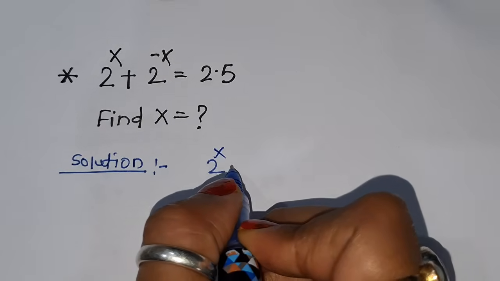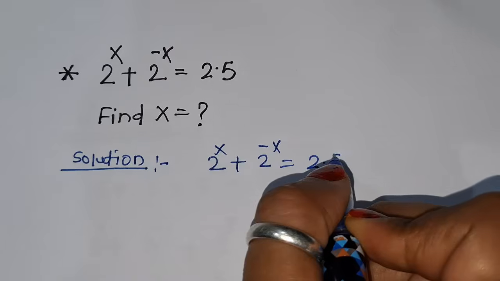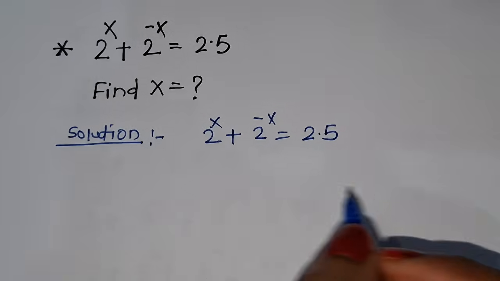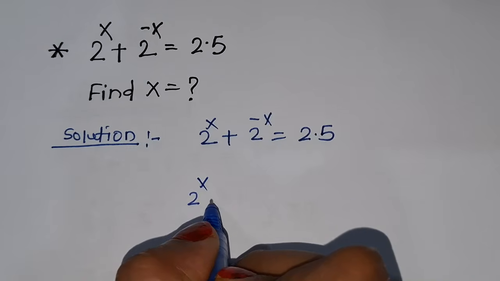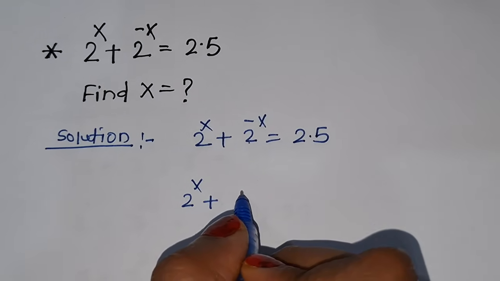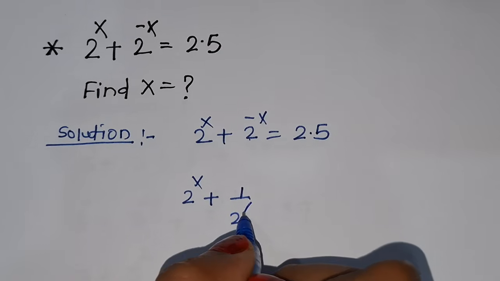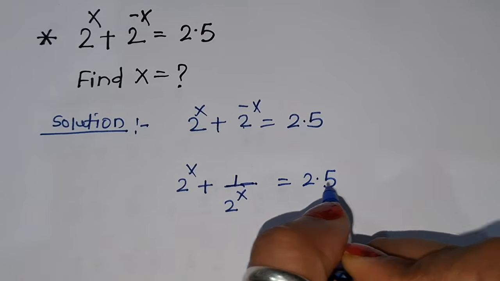2 power x plus 2 power minus x is equal to 2.5. This is the question. So we can write 2 power x plus 2 power minus x, and this 2 power minus x we can write as 1 upon 2 power x, is equal to 2.5.